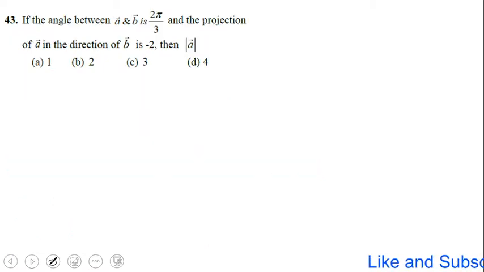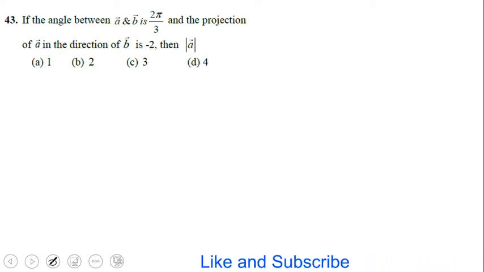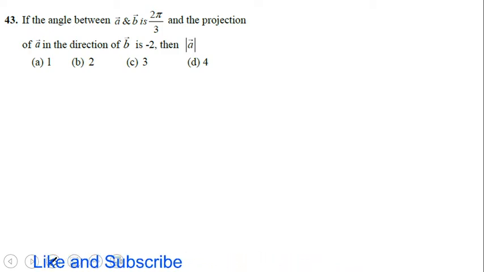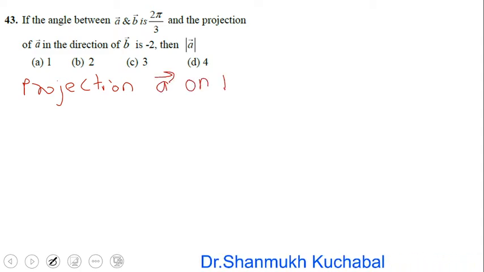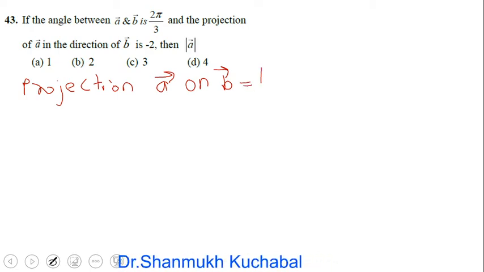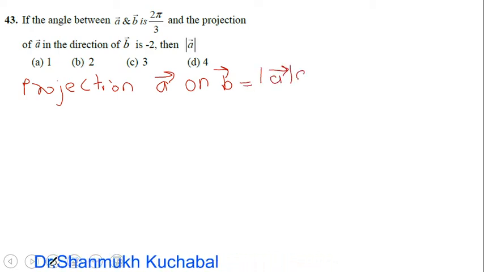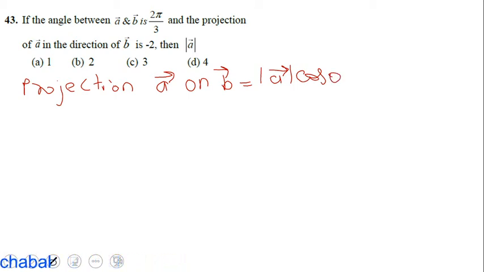The question is: if the angle between vector A and vector B is 2 pi divided by 3 and the projection of vector A in the direction of vector B is -2, then we have to calculate the magnitude of vector A. Here we use the formula: projection of vector A on vector B is given as magnitude of vector A multiplied by cos theta. The projection is given in this example as -2.